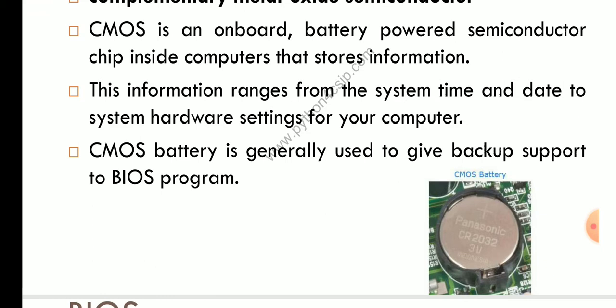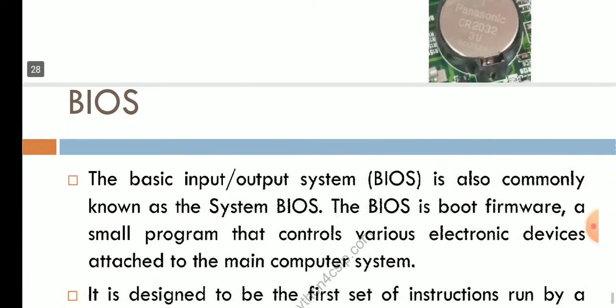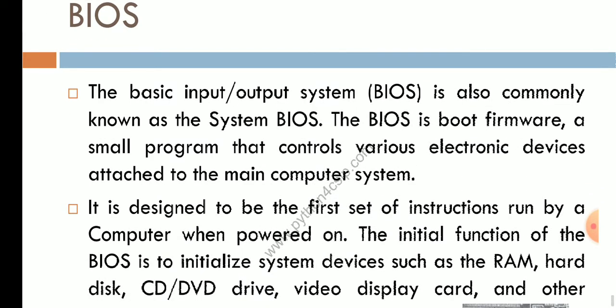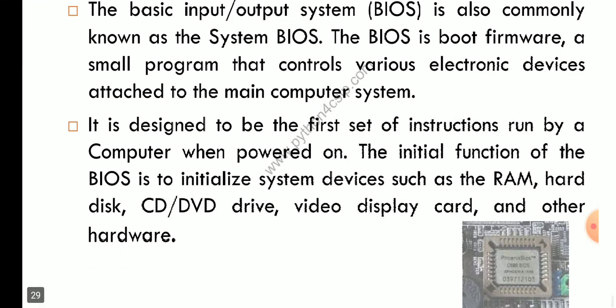Actually, it is like a battery. It's a semiconductor chip inside the computer that stores information. It gives backup support to the BIOS program. BIOS we have already discussed. Basic Input Output System is commonly known as system BIOS. We use this for booting purposes. Just look at this picture.